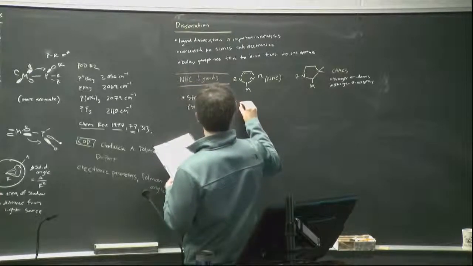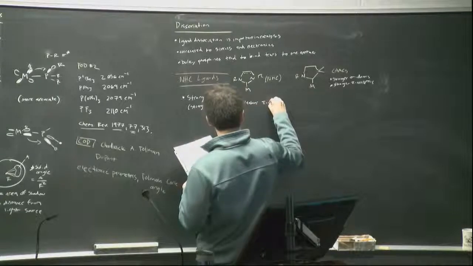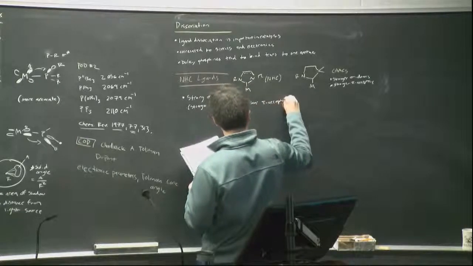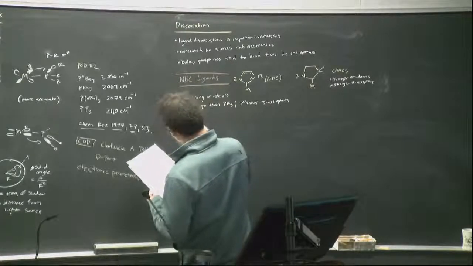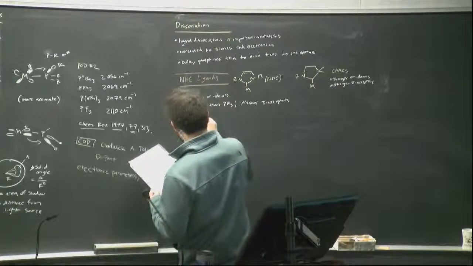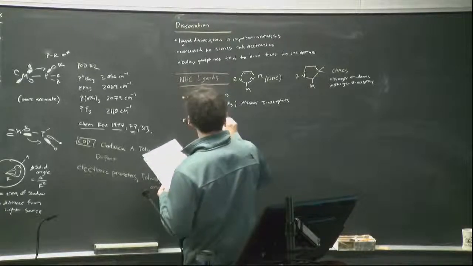And they're weaker pi acceptors. And then also slightly different than phosphine is that the NHC metal bond is so strong that it almost never dissociates.